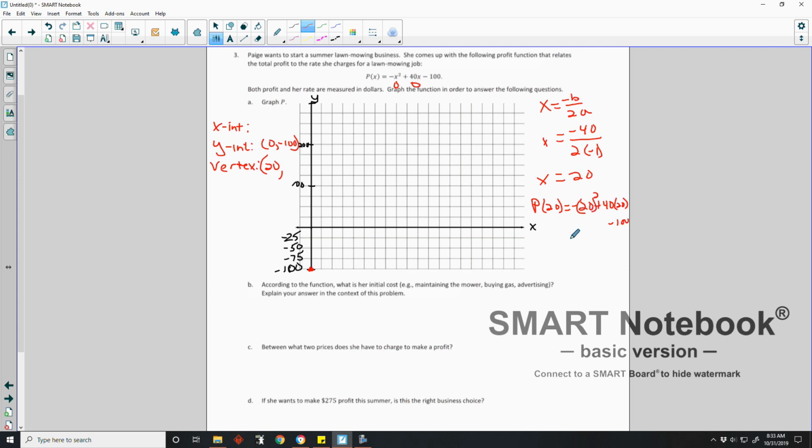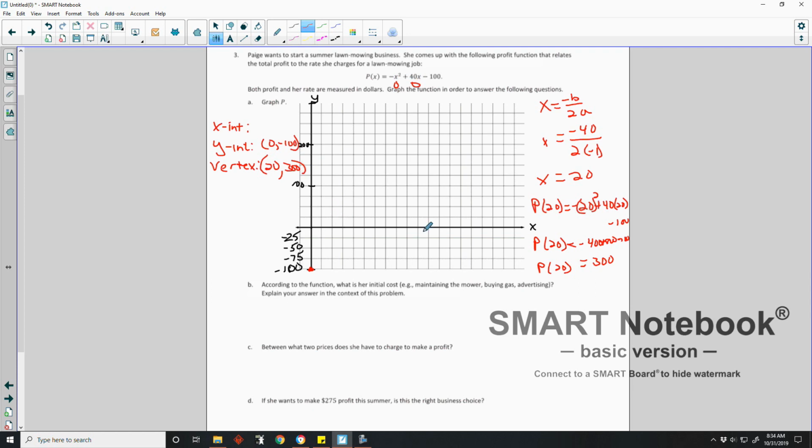So 20 squared is 400, so p of 20 equals negative 400 plus 40 times 20 is 800 minus 100. So negative 400 plus 800 is 400, minus 100 equals 300. So p of 20 is 300, so that is my vertex. Okay, so my vertex is 20 comma 300.